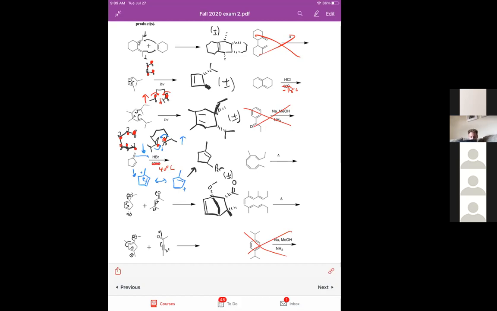We've now got a triple bond, which is going to eliminate a lot of our stereochemistry. And should give us this product.